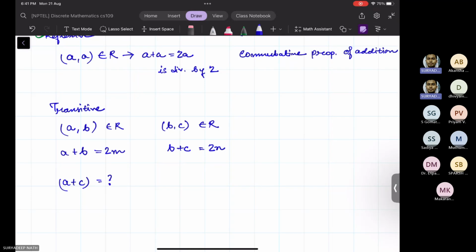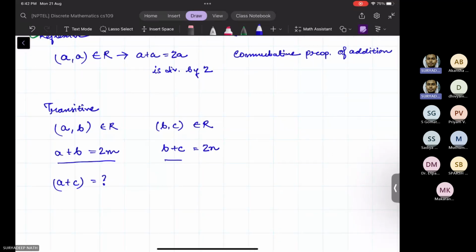Do you think A plus C is divisible by 2? Yeah, so it is divisible by 2. I'll show you how. It's simple. You take this equation and this equation. If you add them, what you get is A plus 2B plus C is equal to 2m plus 2n.